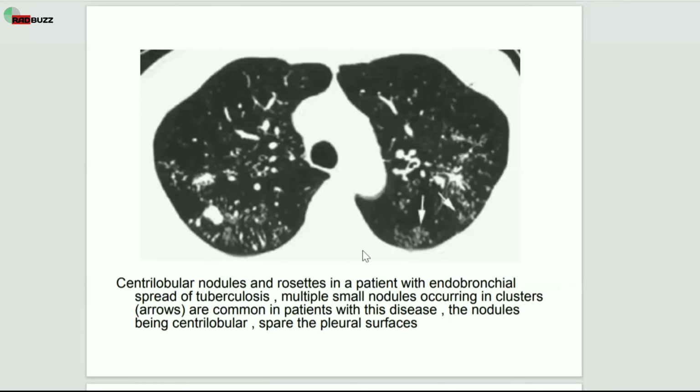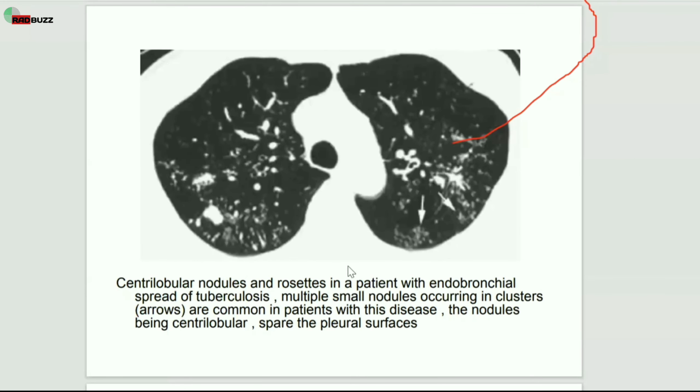Okay, endobronchial spread is more than cavitation in this patient. We can see tree in bud appearances more peripherally. These fibrotic changes are of healed TB, old one, and these are areas of nodular appearance as well.